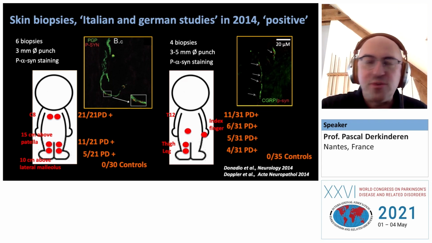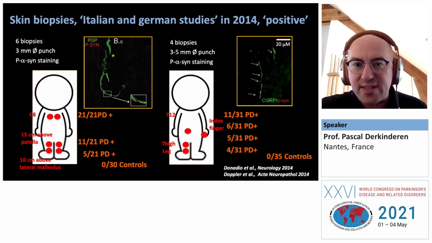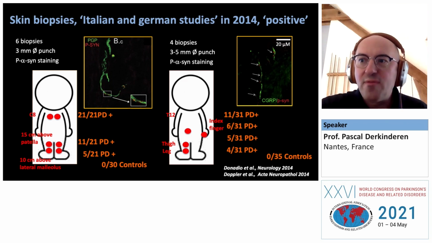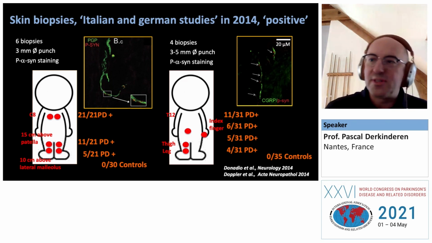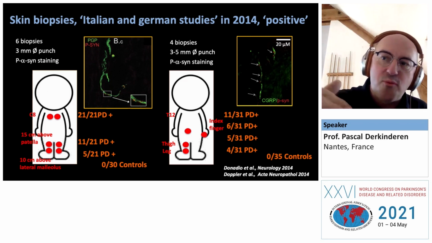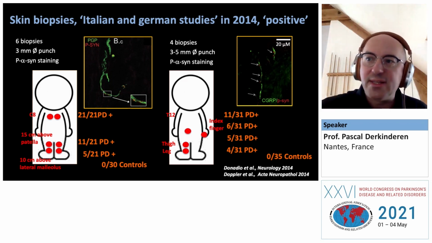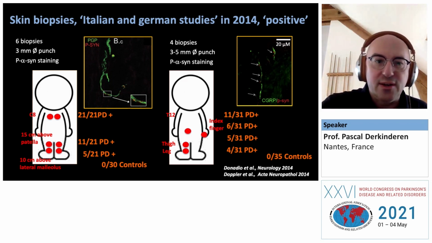These two teams used skin biopsies at multiple sites and a biopsy processing that was different from the one used by the Japanese group in order to get these positive results. Please note that the more proximal the biopsies, the higher the sensitivity.